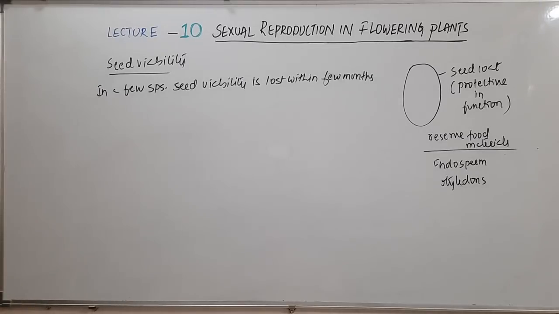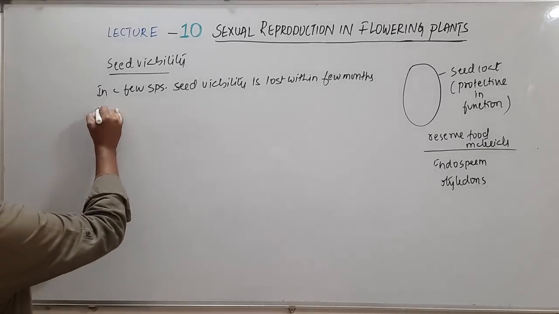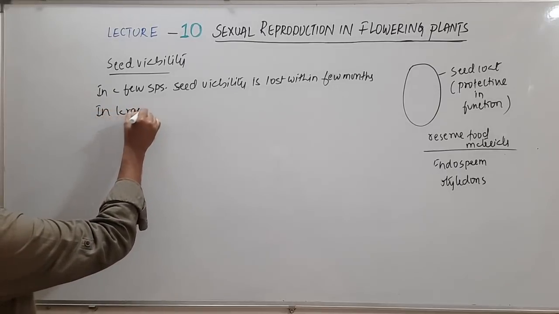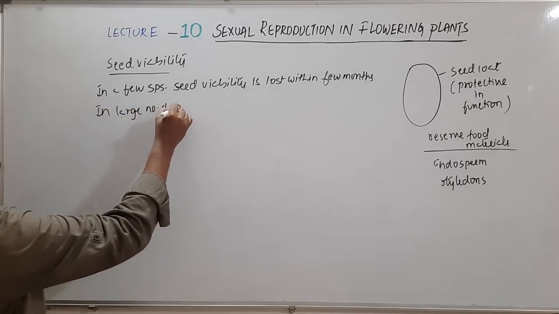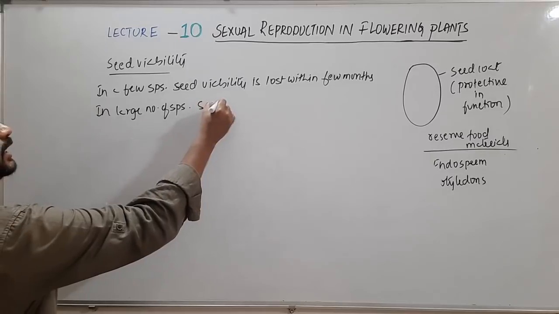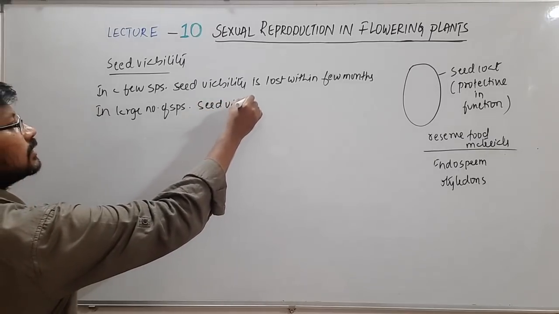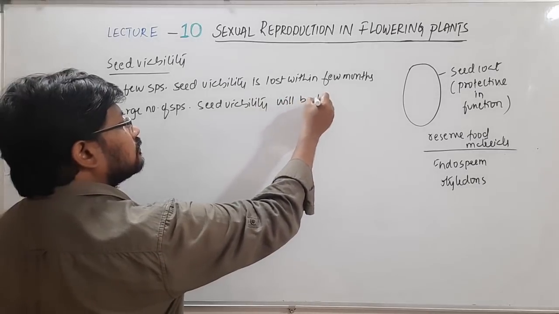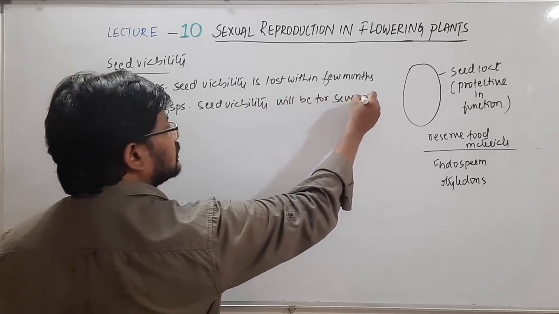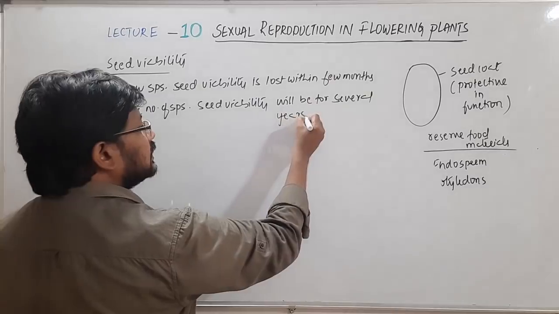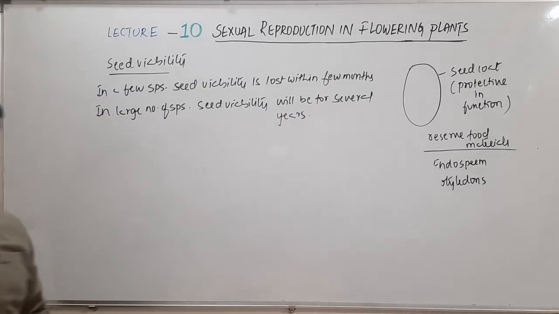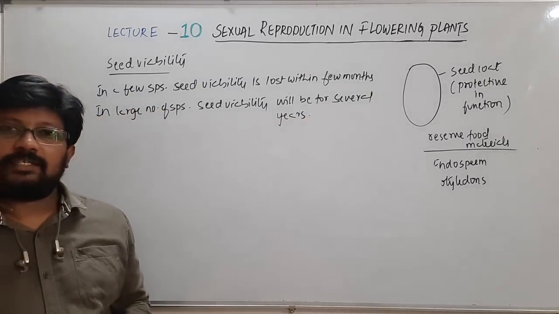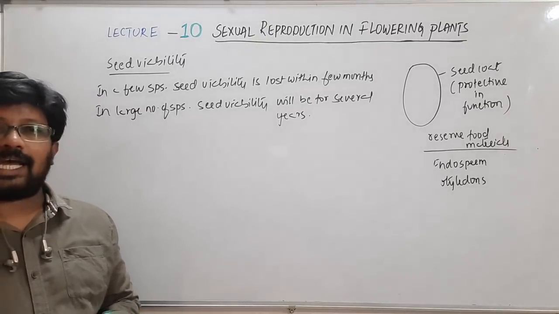So in a few species the seeds will be active only for a short number of months, but in a large number of species the seed viability will be for several years, meaning the seeds can be germinated, in fact anytime.